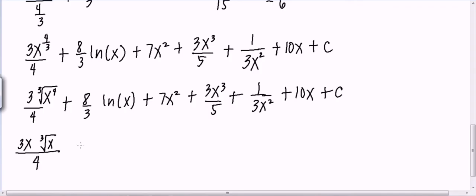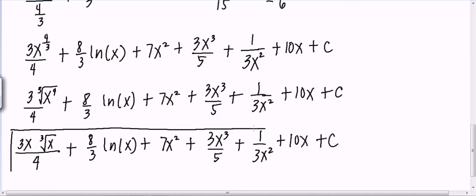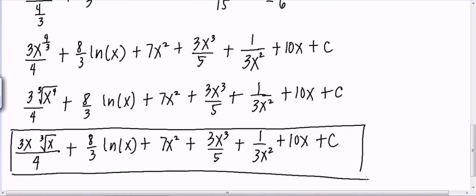All over 4. Plus 8/3 ln x plus 7x squared plus 3x cubed over 5 plus 1 over 3x squared plus 10x plus c. Ayan, hinalo-halo ko kasi sila. So, the final answer would be this one. Okay, so that is how you do basic integration with polynomials involving radicals and fractions.